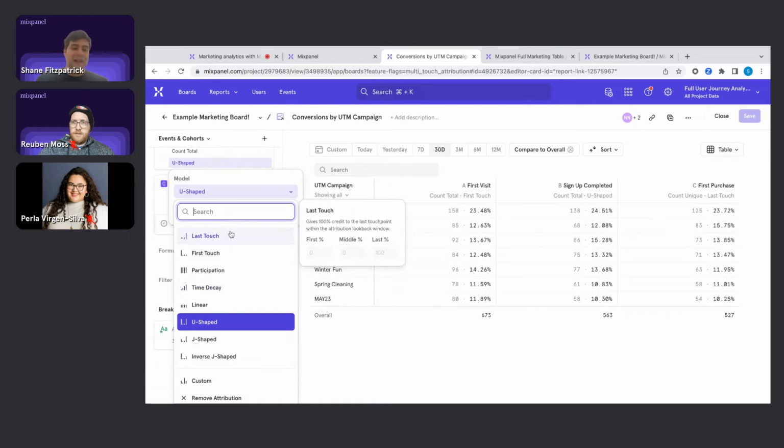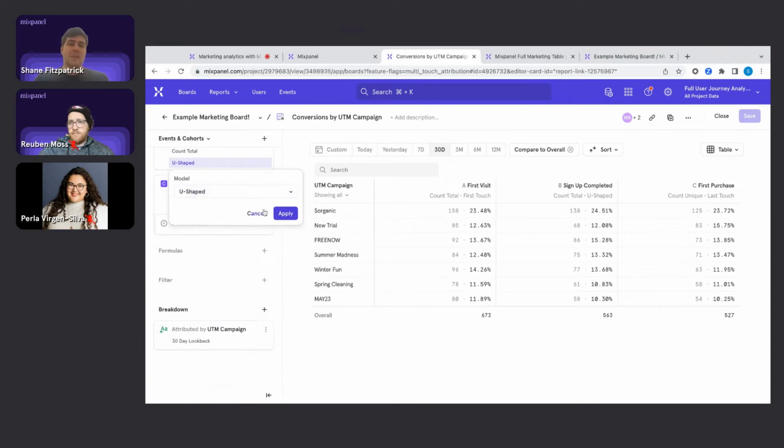But we can make it last touch, crediting 100% of the conversion to the last touch point, first touch, 100% to the first touch point, participation, time decay, linear, U-shaped, J-shaped. We have a ton of different models that come out of the box depending on how you think it's best to distribute the credit for that conversion. And if none of these work, you can even create your own custom model as well.